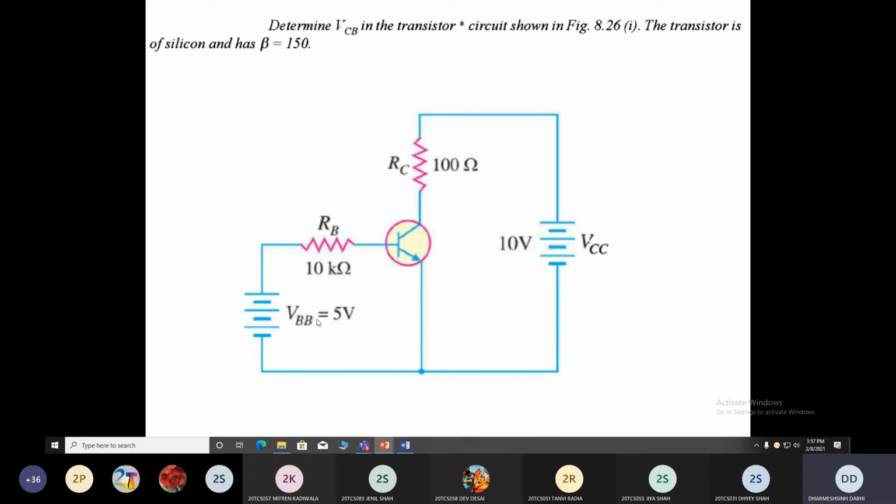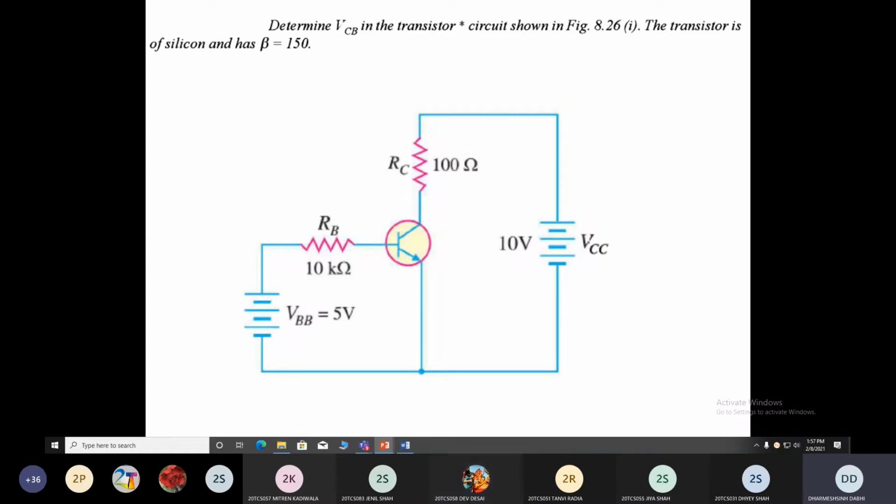The input side voltage is given as 5 volt, the resistance is 10 kilo ohm, and the transistor is made of silicon, so you know the base to emitter voltage is 0.7. Now apply the KVL to the input circuit and give me the base current. IB is equal to 430 microampere.